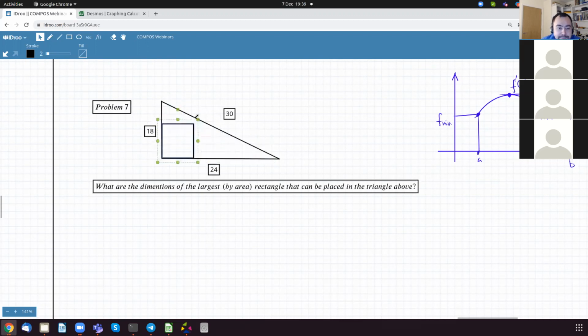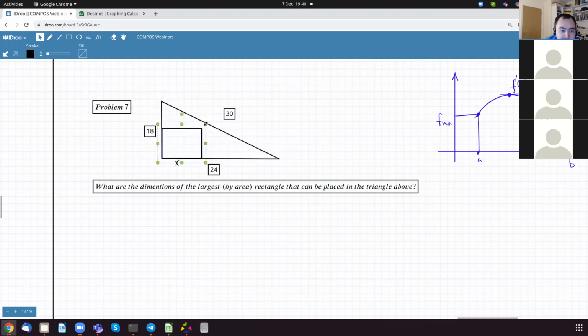And we can say, let's say that this side of the triangle is x. And x can take any value between 0 and 24.